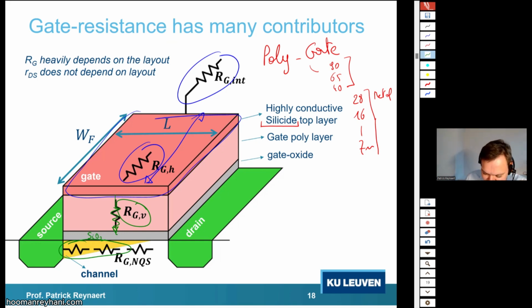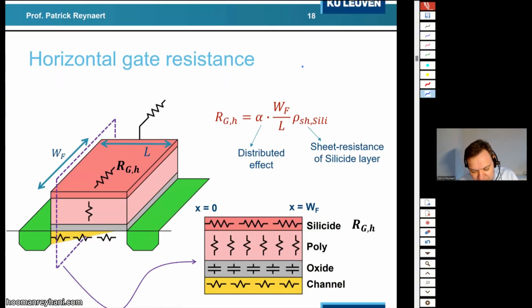And if you think about it, how do I minimize this vertical resistance? The vertical resistance is the resistance when you look down into the electrode from the top of the gate electrode towards the channel. Well, then you would like to have a large finger width and even a large channel length. And so that resistance is actually minimized if you have more cross-section. And that is the reason why we have a trade-off.